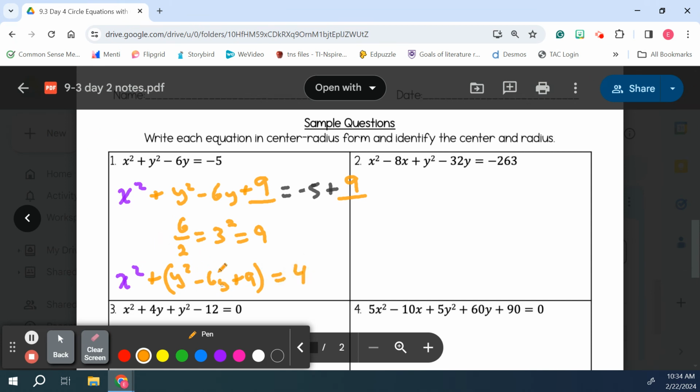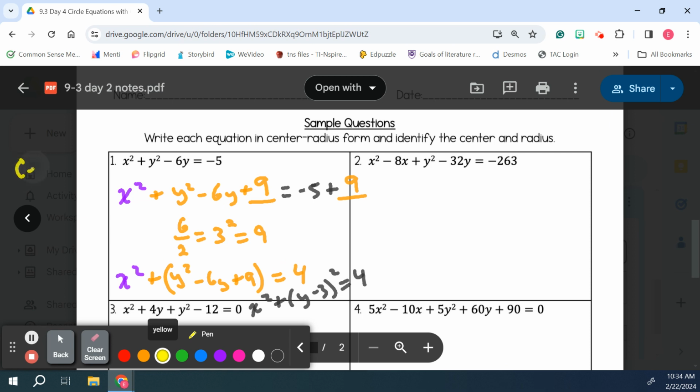So what's this going to be? Who can tell me? It's going to be y what? Minus 3 quantity squared equals 4. So there's our form.